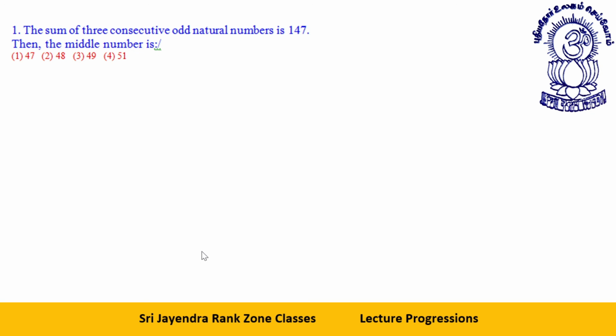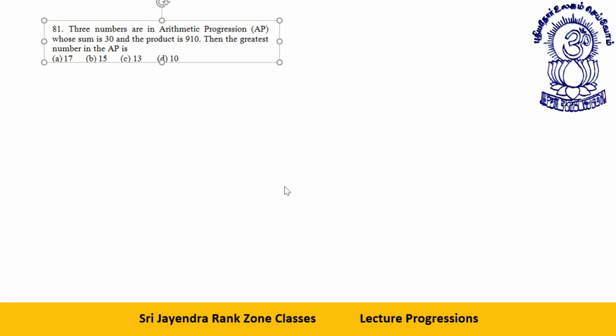Last question for this. Three numbers are in AP whose sum is 30, and their product is 910.